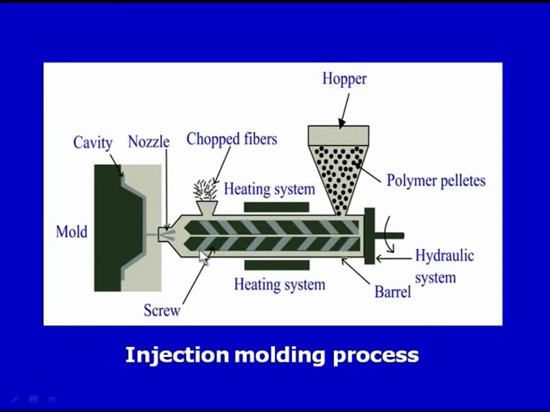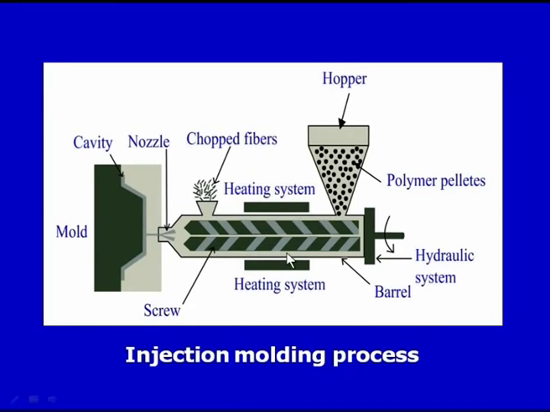We have a screw for feeding, and we can also have a hydraulic ram system for the feeding. This is the mold cavity, the final form of the product that we will get. As we have seen, in the injection molding of plastics, two types of feeding mechanisms are used. Either we can have a hydraulic ram system or we can have a screw type of system.